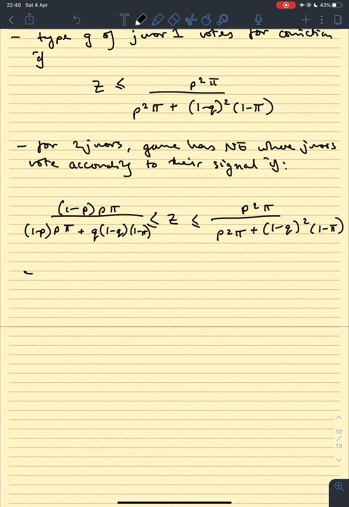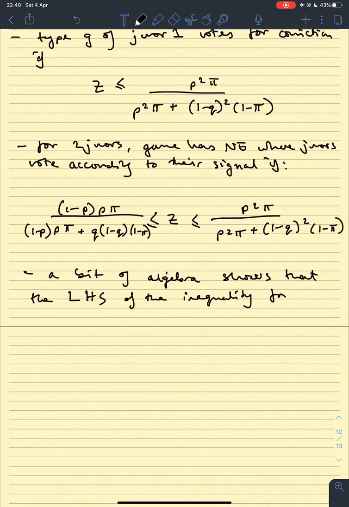And so a bit of algebra shows that the left-hand side of the inequality for two jurors is higher or larger than the left-hand side for one juror.